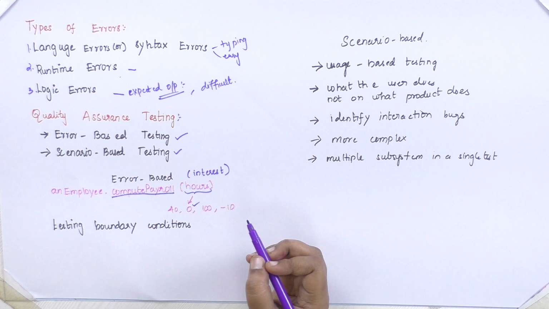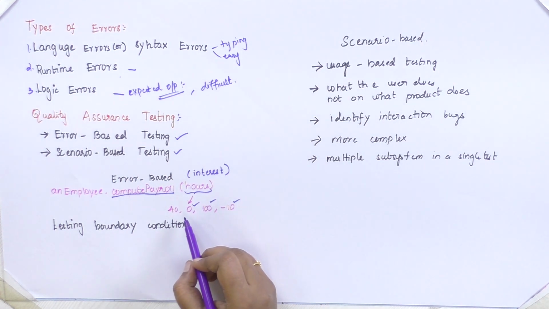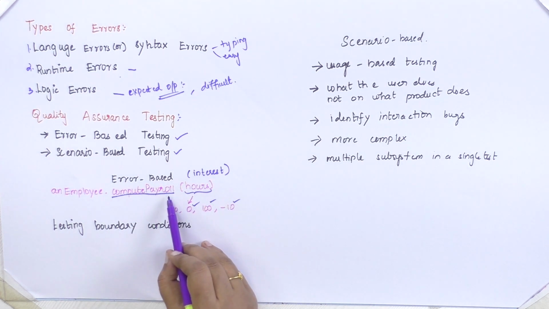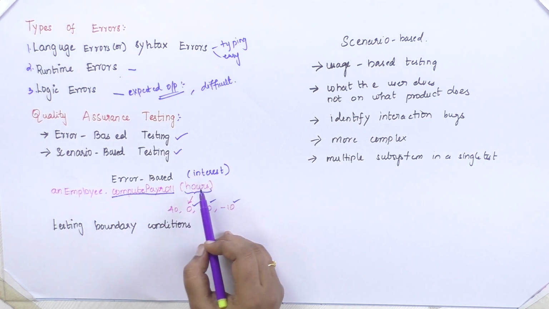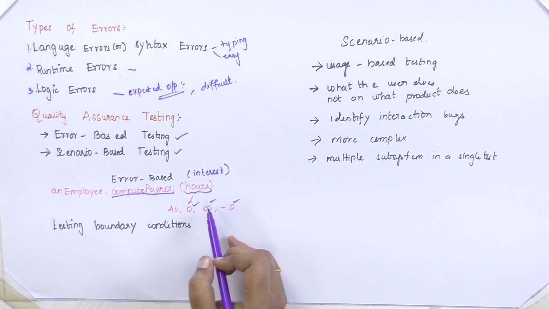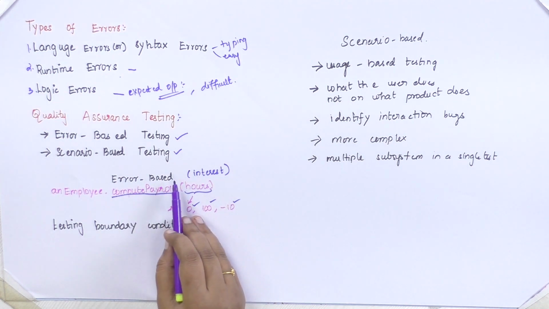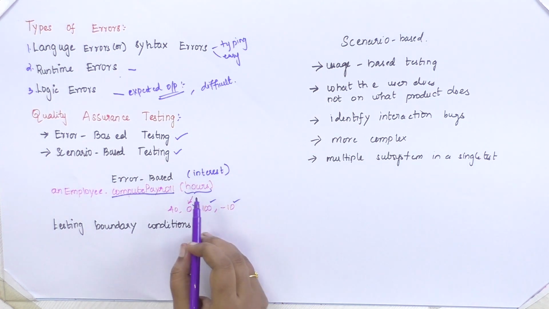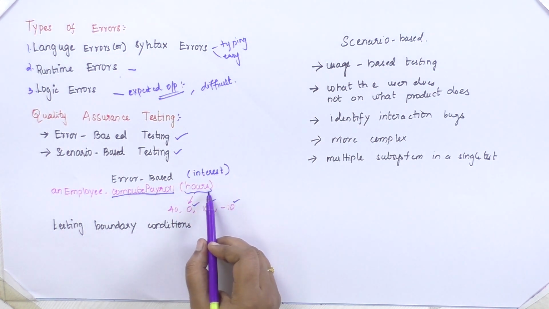You can give a zero value, a positive value, and a negative value, and check how compute payroll works for all of them. This type of testing is called error-based testing, or sometimes testing boundary conditions. You are checking the boundary values or limits for the variable hours.